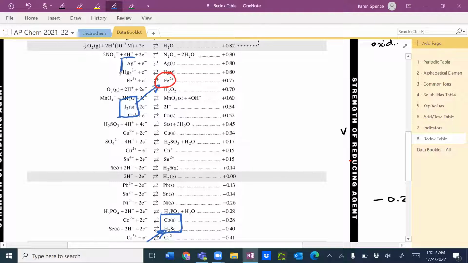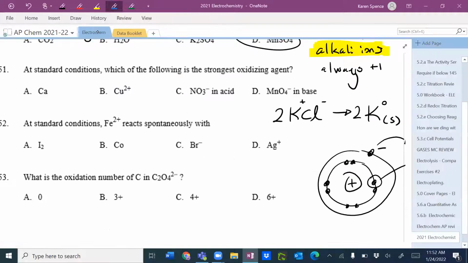Here we have Ag+. And we do have iron on that side, and so Ag+ will react with Fe2+, but Fe2+ won't turn into iron solid, it will turn into Fe3+. Okay. So that was number 52.